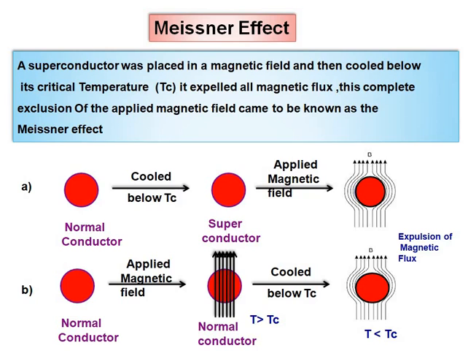For example, this is a normal conductor, and we can place it in helium and cool it below this critical temperature. Then this normal conductor behaves as a superconductor. Then, by applying a magnetic field to this superconductor, what happens? The magnetic flux lines are expelled by the superconductor.